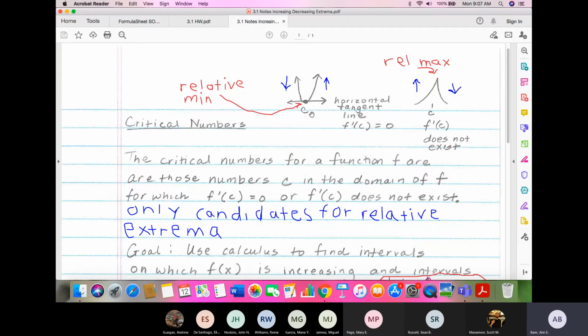So at C here in this graph, or in this diagram, if you will, at C the first derivative is 0.